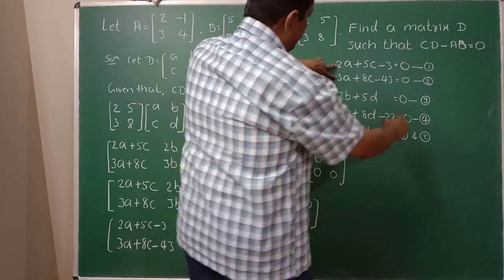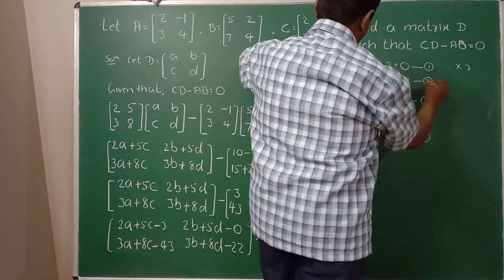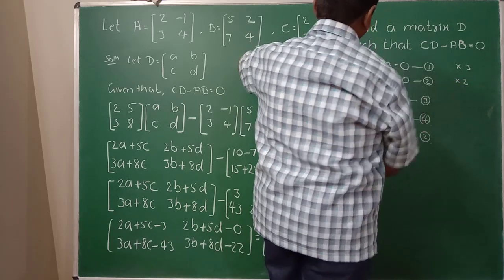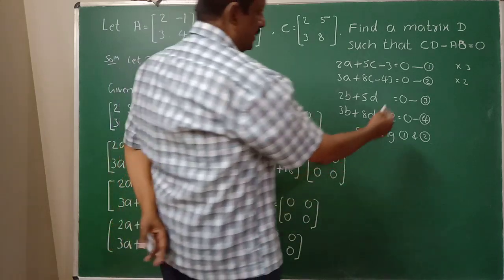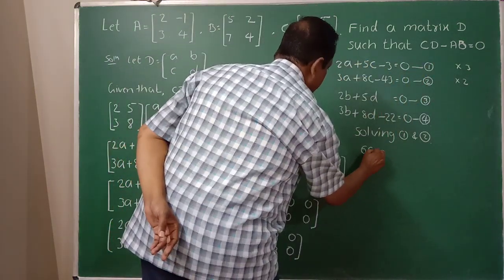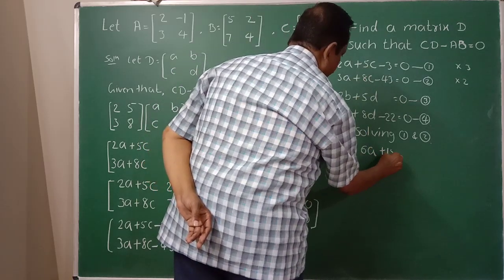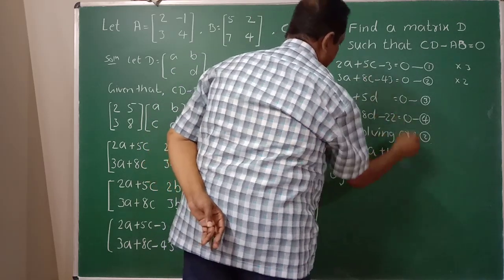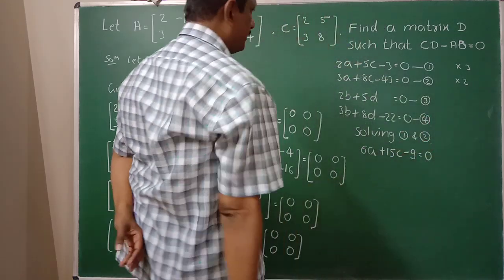You multiply the first equation by 3 and the second equation by 2, then these coefficients are equal. Hence, multiply the first equation by 3: 3 2s are 6, 6a, 5 3s are 15, so 15c, and 3 3s are 9, minus 9 is equal to 0.